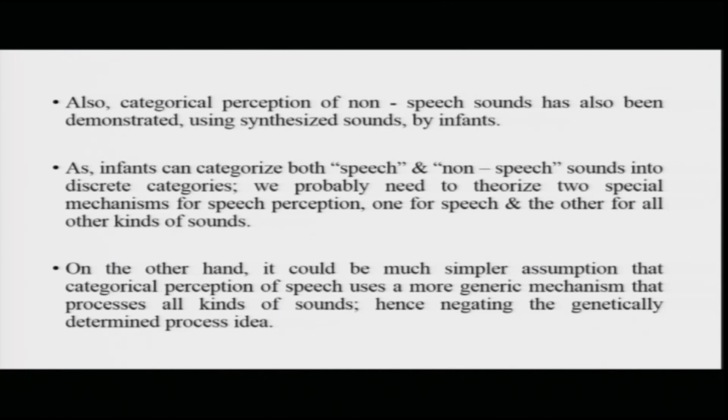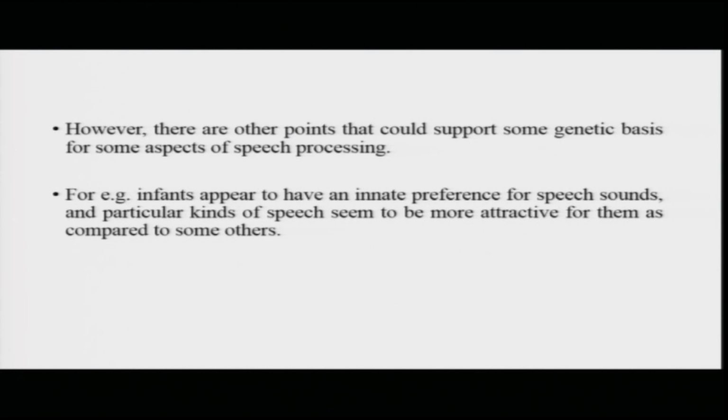But remember that categorical speech perception is one of the most important and foundational skills that the child needs in order to pick up phonemes and categorize them into discrete categories, because it is building on this that the child will later be able to combine these phonemes and form words and so on.